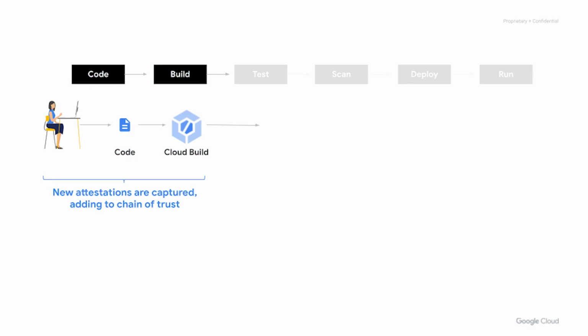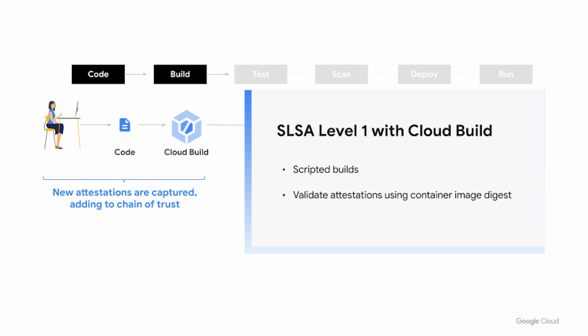So once you understand your dependencies, and once your code is checked in, it is built by Cloud Build. Here, another set of attestations are captured, adding to your overall chain of trust. Examples include what tests were run, what build tools and processes were used, etc. Notably, Cloud Build today helps with achieving a SALSA Level 1.